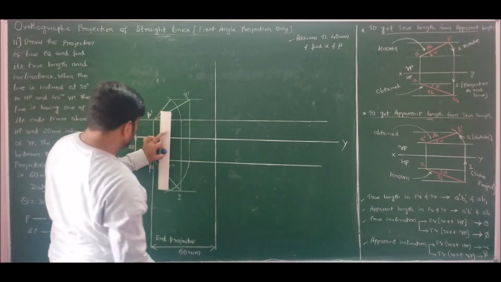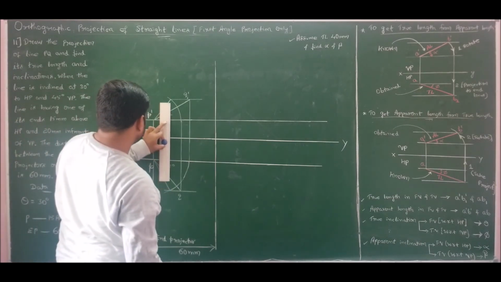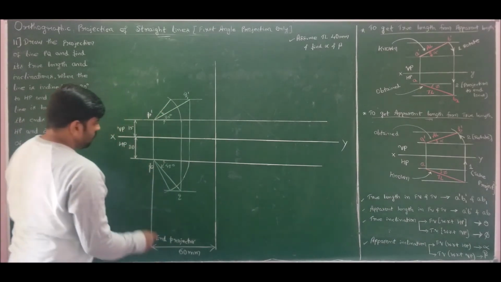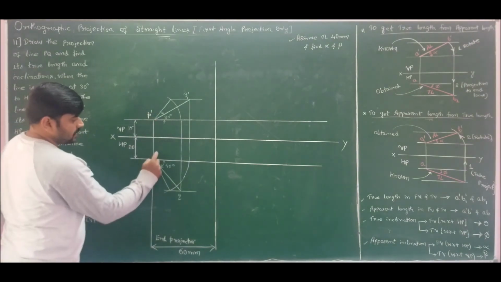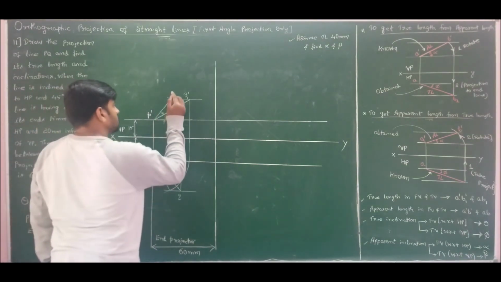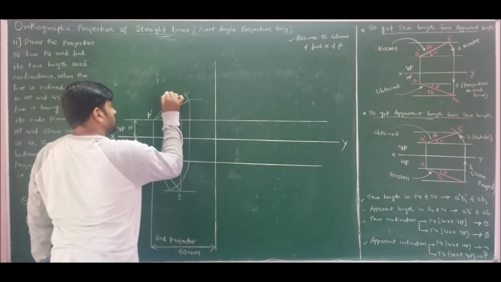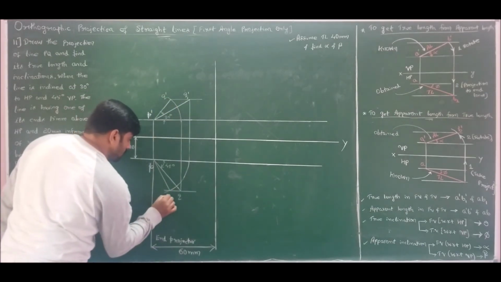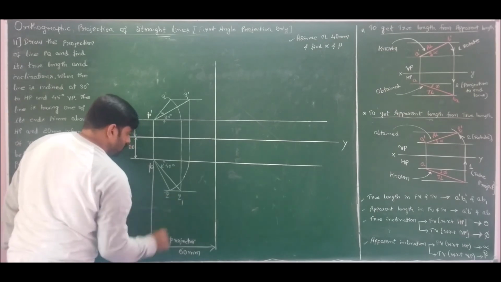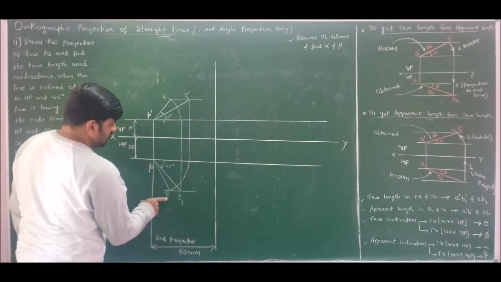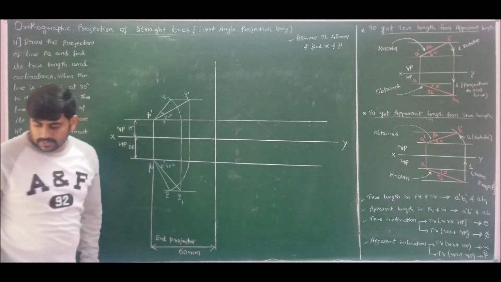If you observe, the apparent end projector is also coming correct. Now you measure this apparent inclination, which will give you the values of alpha and beta. So this is nothing but q dash for us, and this is nothing but actual q. This is q1. This is not actual q. This is also an apparent q for us.